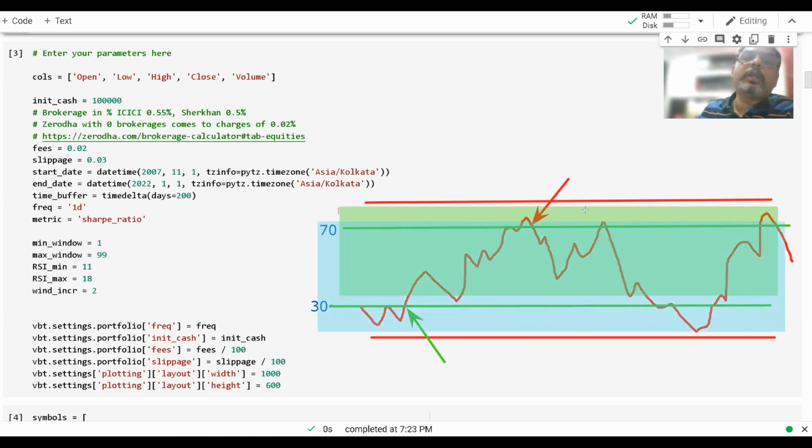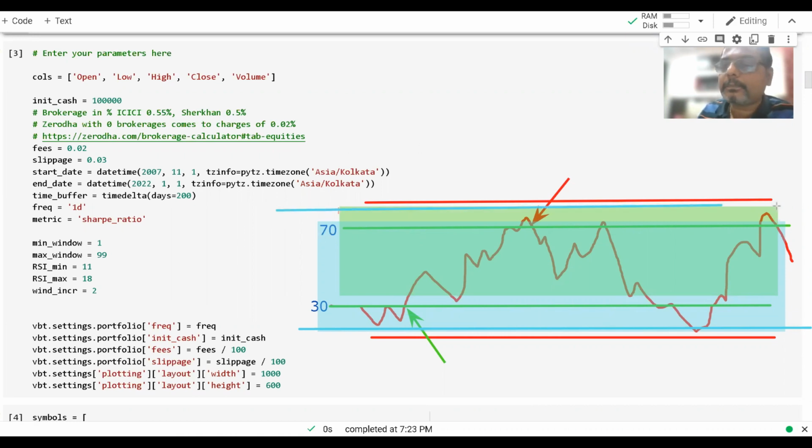What we are going to be doing effectively is starting with the minimum window, which is 1, and then we are going to have another one which is, let's say, 3. So we are only going to be seeing buy when it crosses 1 and sell when it crosses 3. Then we are going to be moving that 3 above to, let's say, 6, 7, 8, 9, 10, all the way to 99.